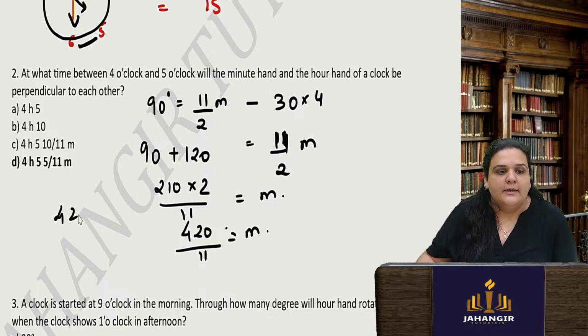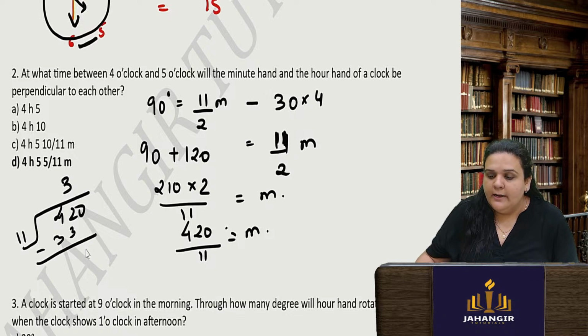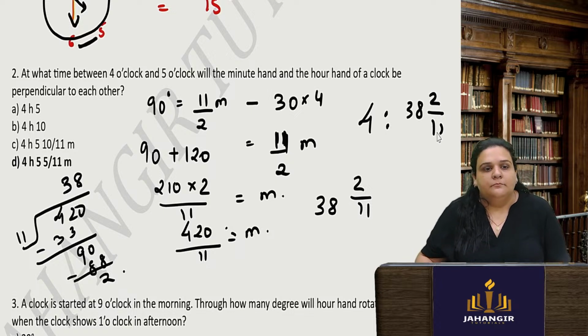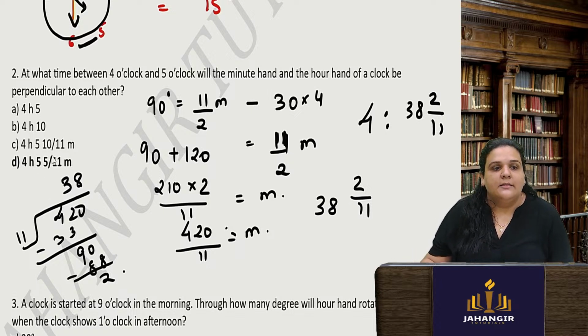Now 420 divided by 11, I am going to do it by 3. 11 3s are 33. Okay, 8 11s are 88. So the answer will be 38 2 by 11. 4 past 38 2 by 11. Okay, but now that is not there in the options.